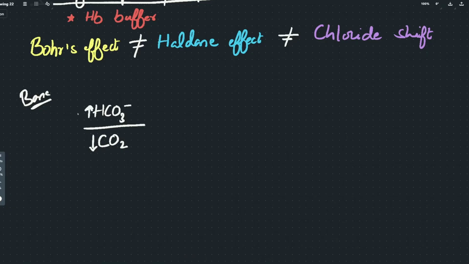So the conjugate base will increase. Similarly, if too much acid is coming, the conjugate base, the acid fighting soldier, will decrease, and the H2CO3 or CO2 will increase.